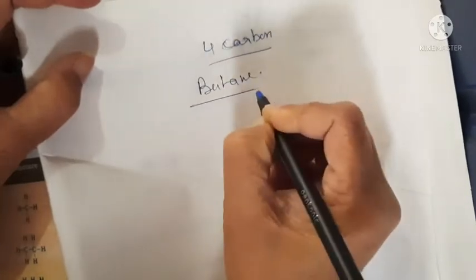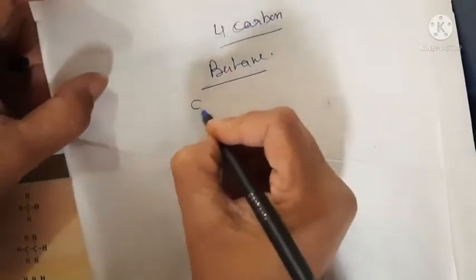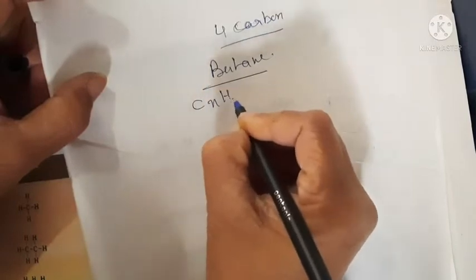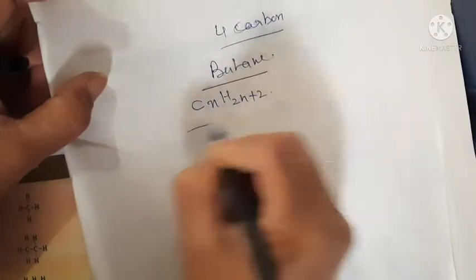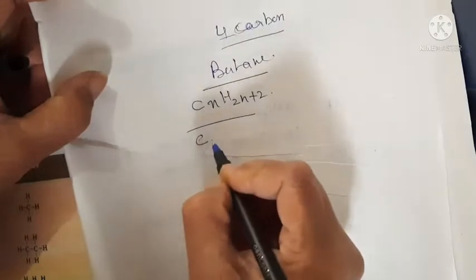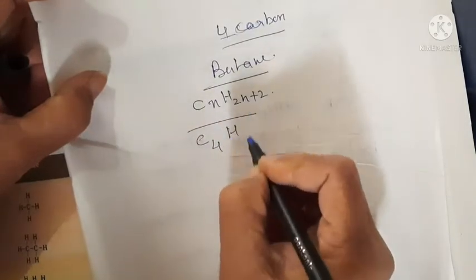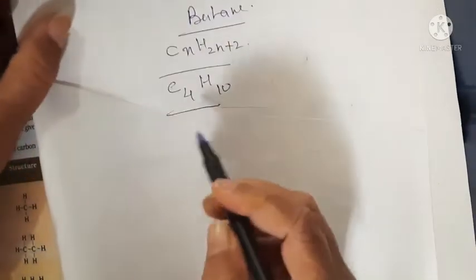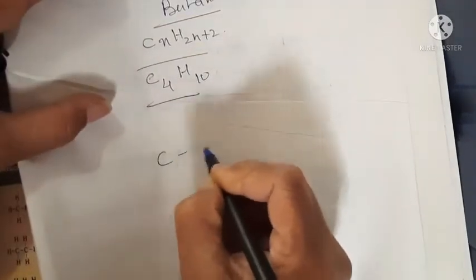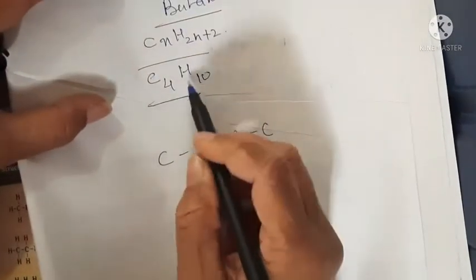This is butane, and the general formula of alkane is CnH2n+2. So if there are 4 carbon atoms, it is C4H(2×4+2), that is C4H10. But there are many methods of writing the formula. You can also write it in this way: carbon 4, hydrogen 10.